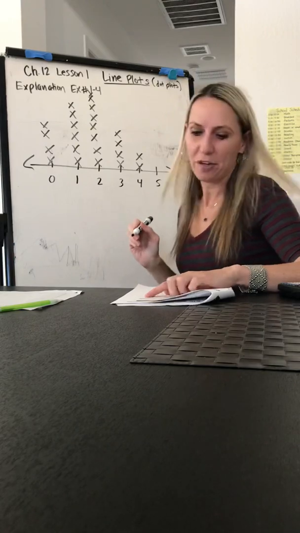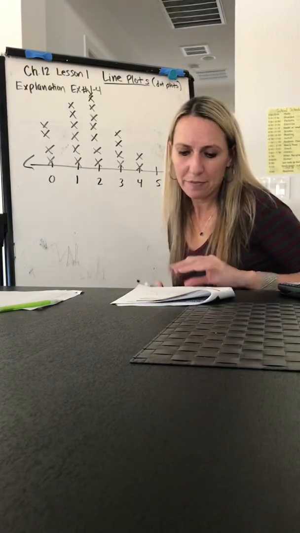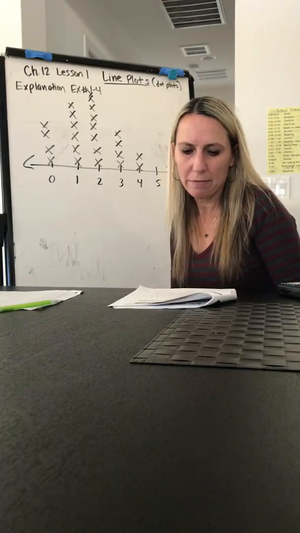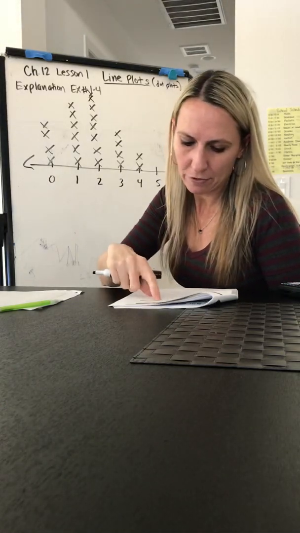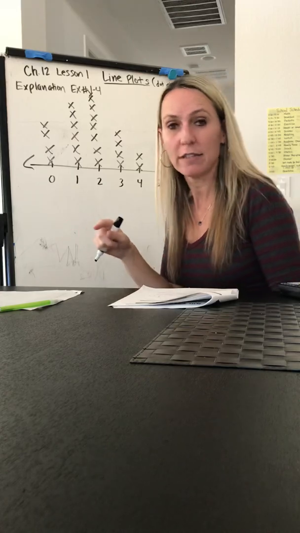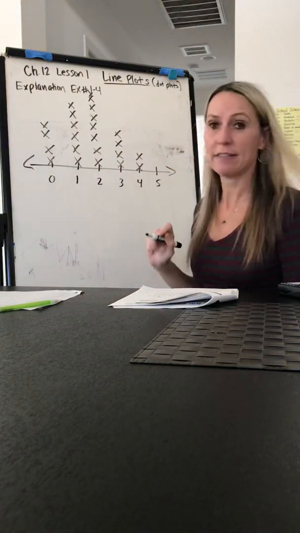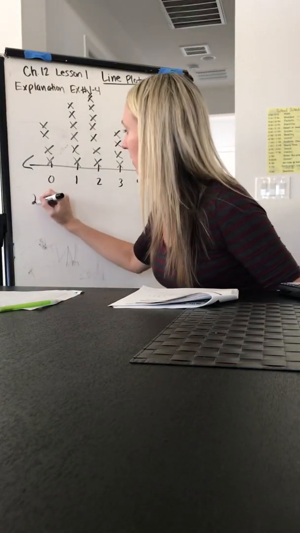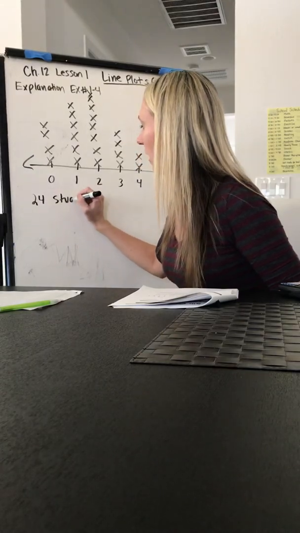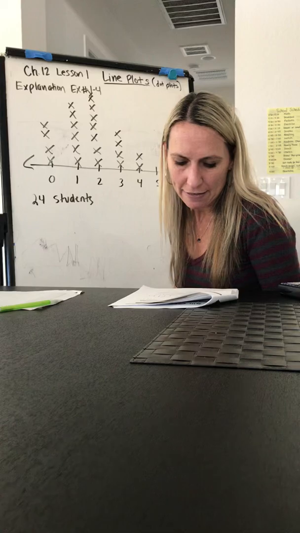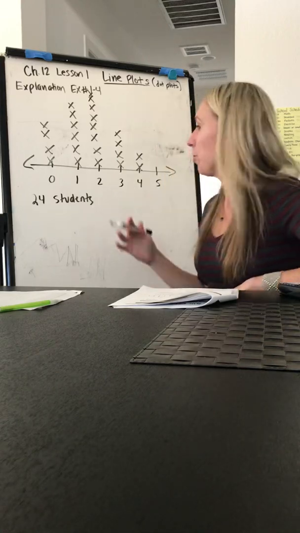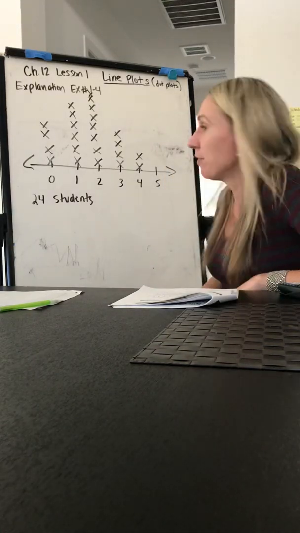Okay, so if you look at this, it says describe the data. Well, we can first count the data. It goes 4 down and then 6 across, so there's 24 X's here. Basically what that means is there's 24 students in her class that she asked how many pets they have. Then you can just write information that you find about this.